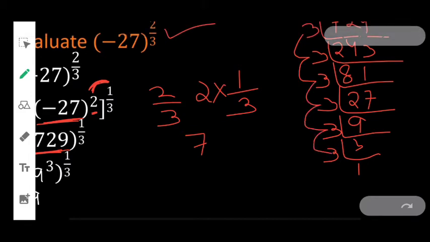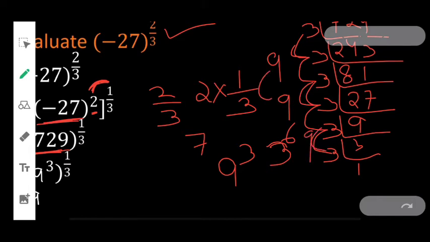So this will be 3 to the power 6, or we can write 9 to the power 3 also, because 3 into 3 is 9, then again 3 into 3 is 9, then 3 into 3 is also 9.